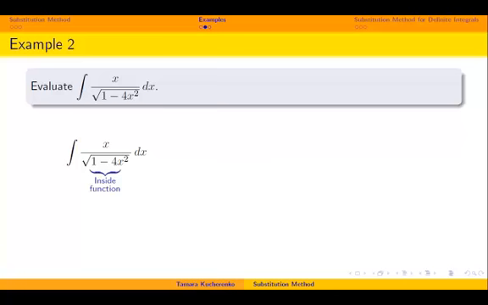This suggests the substitution u equals 1 minus 4x squared. We compute du equals negative 8x dx. This expression does not appear in the integral. What does appear is x dx.